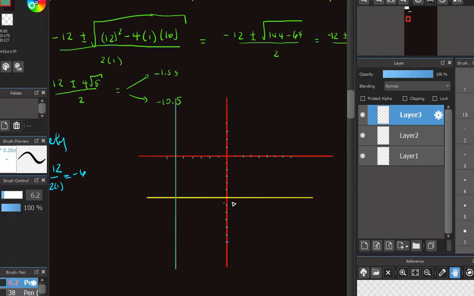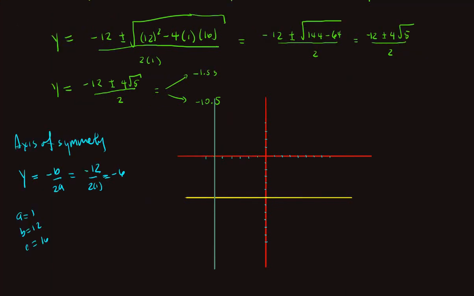Now look what I drew here. This yellow line is the axis of symmetry. Okay, now this looks better. This yellow line here is the axis of symmetry when y is equal to -6, and this line here is the directrix when x is equal to -6.